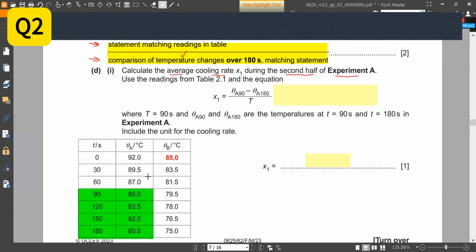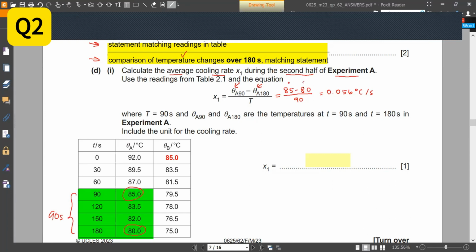So we will focus on this part. The temperature at 90 and the temperature at 180, divided by the time, which is 90 seconds. So pay close attention to that.